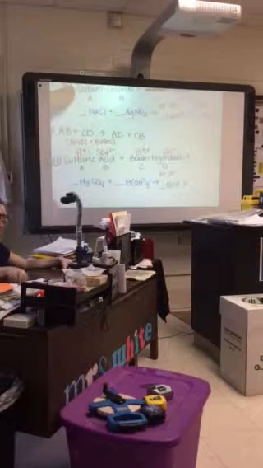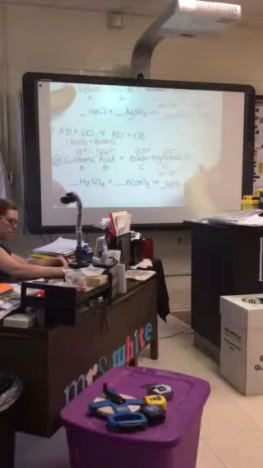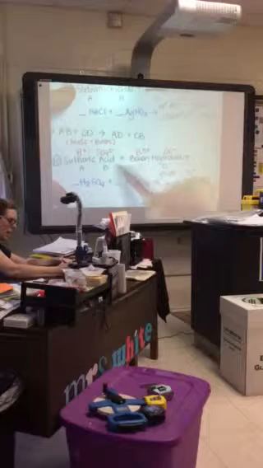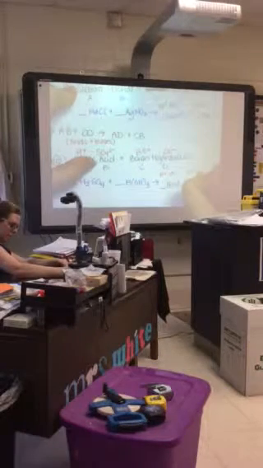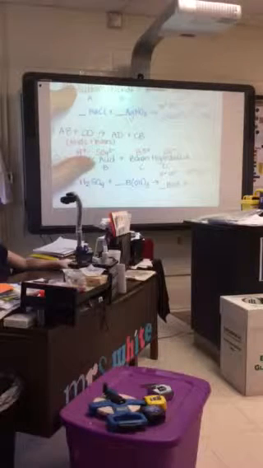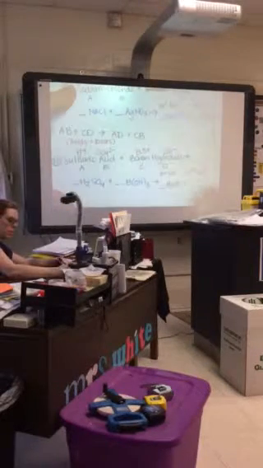Alright, my second one is C and B. So C is boron and B is sulfate, SO4. Again, always make sure your positives first, your negatives second. So how would we write this one?